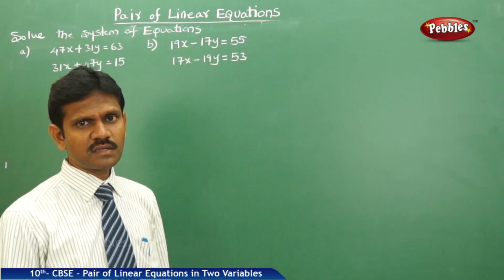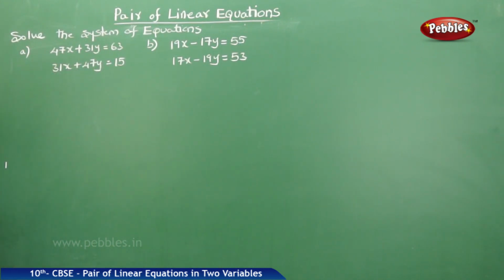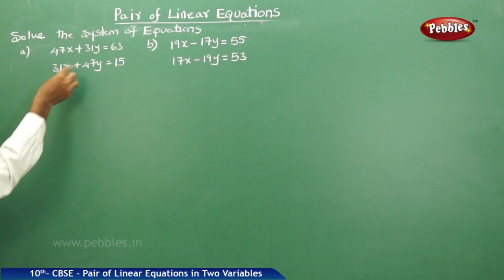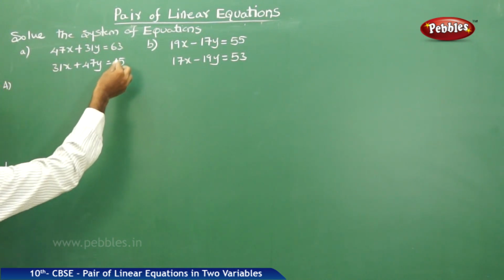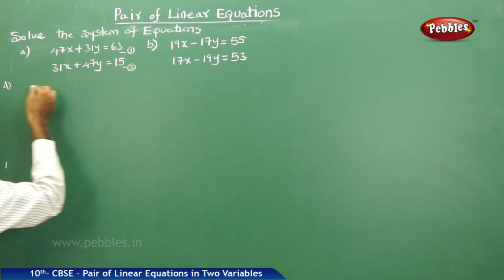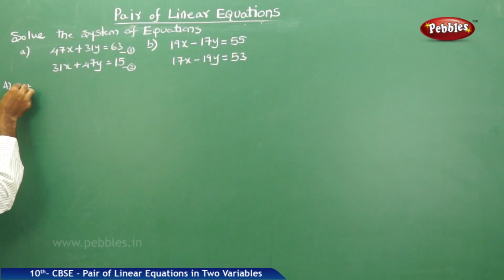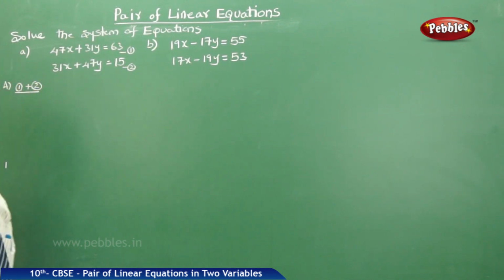In such cases, what is the procedure? Let us see now. First of all, let us suppose this is equation 1, this is equation 2. What you have to do is equation 1 plus equation 2 first.